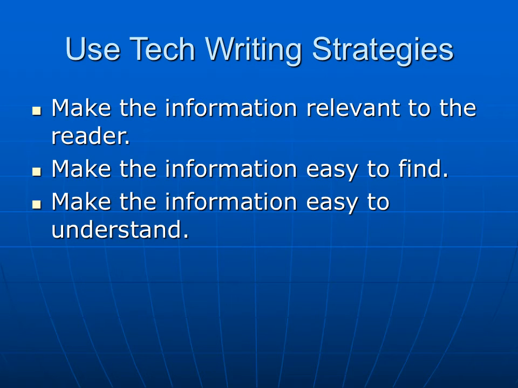You need to use tech writing strategies that you've already been discussing, okay? You need to make the information relevant to the reader, make the information easy to find, and make the information easy to understand. So how do you make the information easy to find, easy to understand? You need to include section headings, for example, for methods, for results, for analysis.